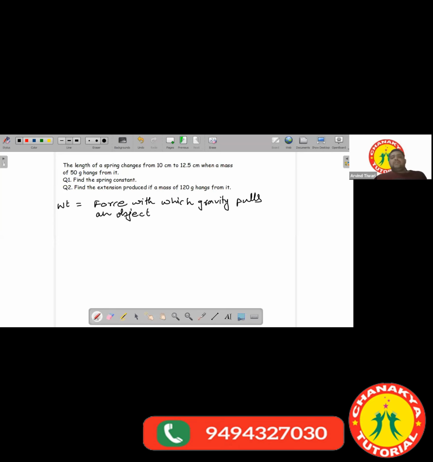The force with which gravity pulls an object is called weight.